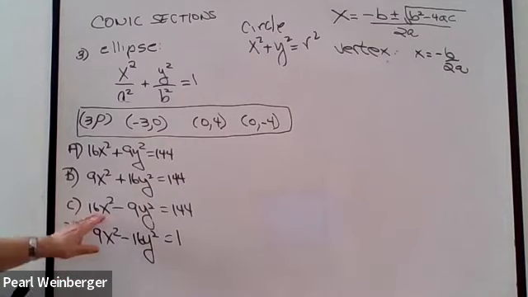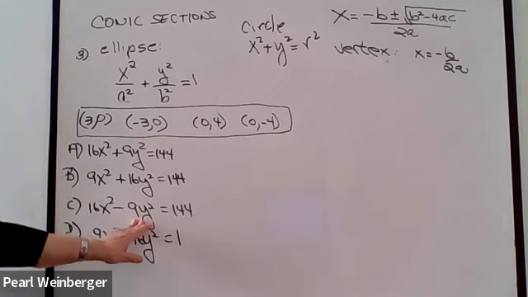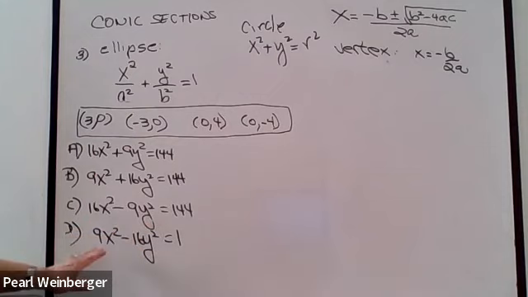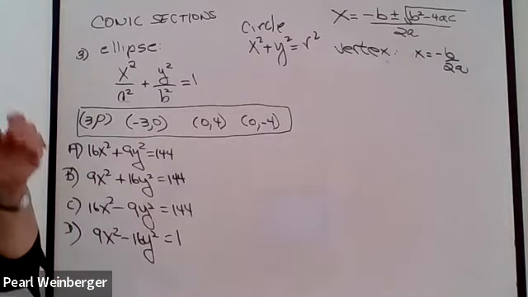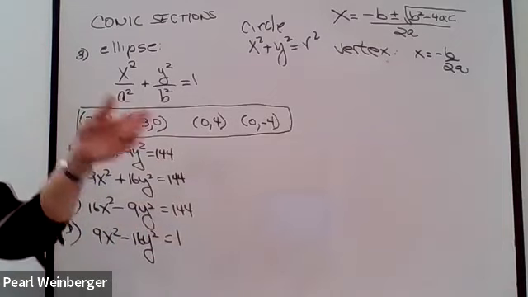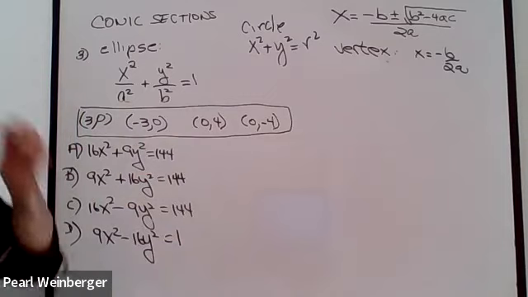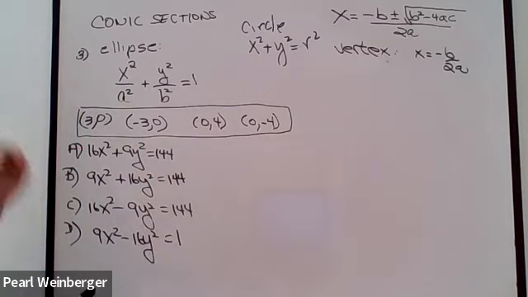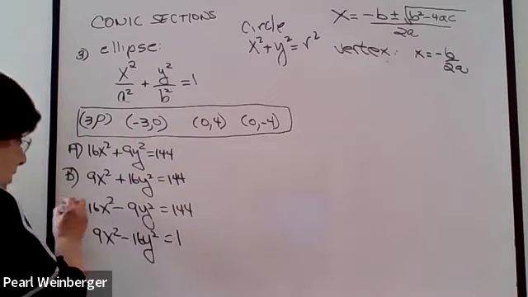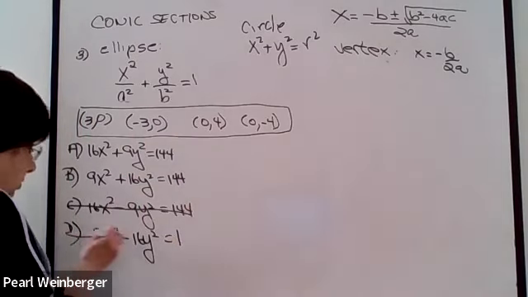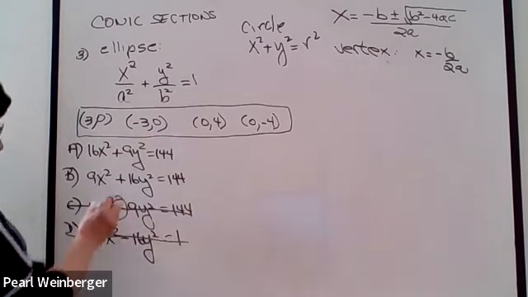In this case, the x squared is positive and the y squared is negative. Sometimes we have where the y squared is positive and the x squared is negative. That would not be an ellipse, that would not be a circle. So right away, I can eliminate choice C and choice D because they have these minuses.